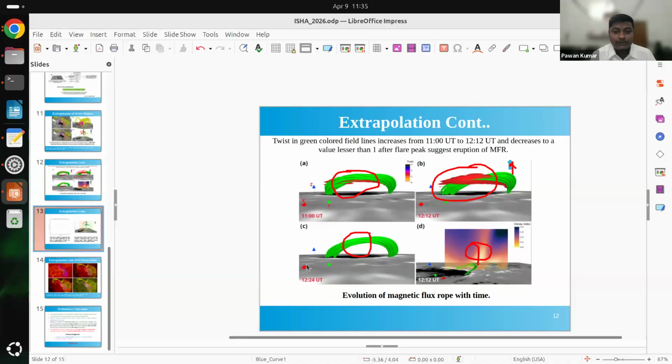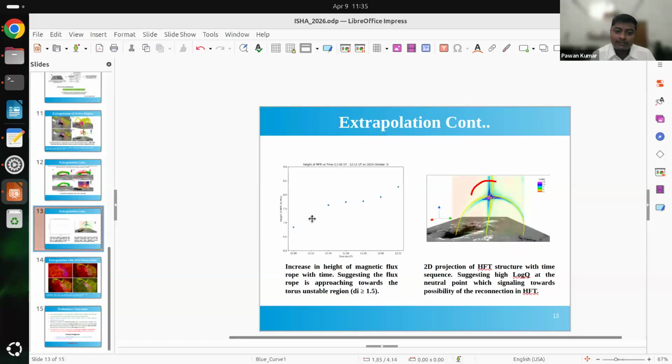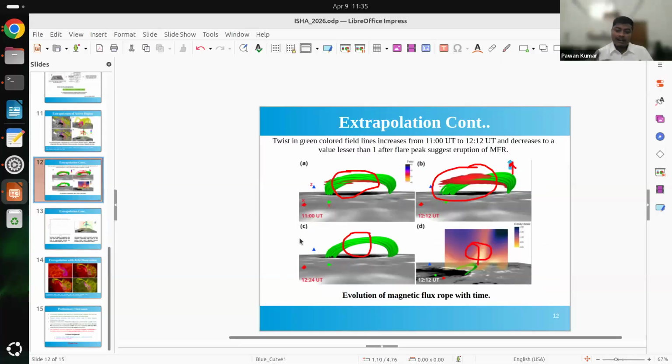And in the next slide, I have shown that the flux rope height is increasing with time. So based on this observation, I am saying that the flux rope is rising under favorable conditions. And once it reaches the decay index value of 1.5, which is the critical value for the torus unstable region, then it will erupt.